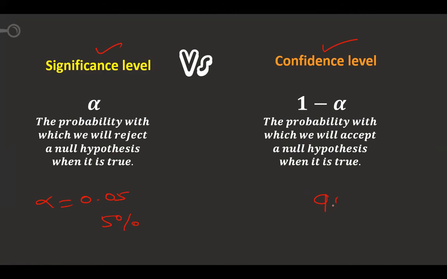Then this is a 95% confidence level. I subtract from 1 minus alpha, so 1 minus 0.05, and I convert it into a percentage. This is the confidence level. These 2 points you have to remember here.